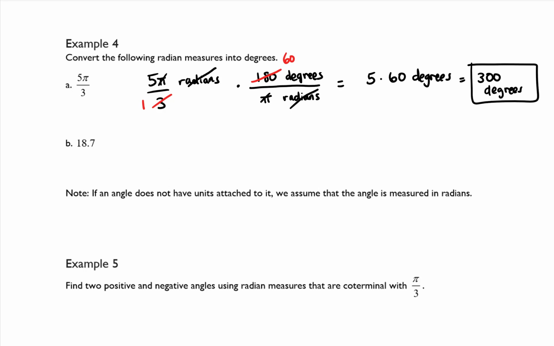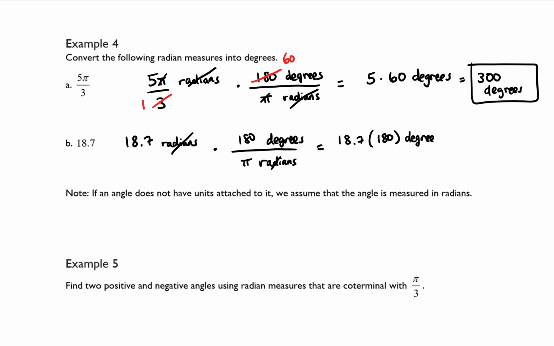Okay, so same thing here. We have 18.7 radians, and I want to multiply that by pi radians in the denominator and 180 degrees in the numerator. So the radians will cancel out, and we get 18.7 times 180 degrees over pi.